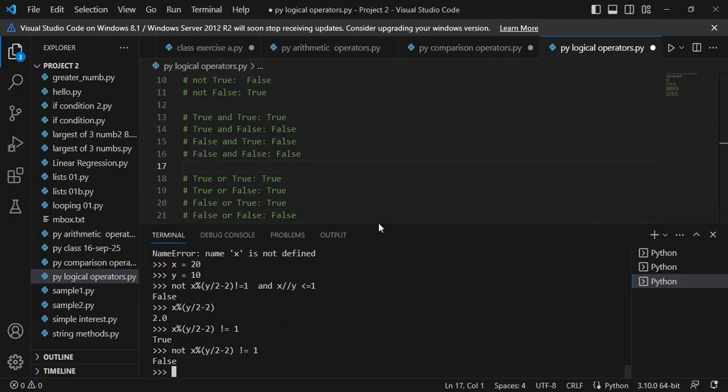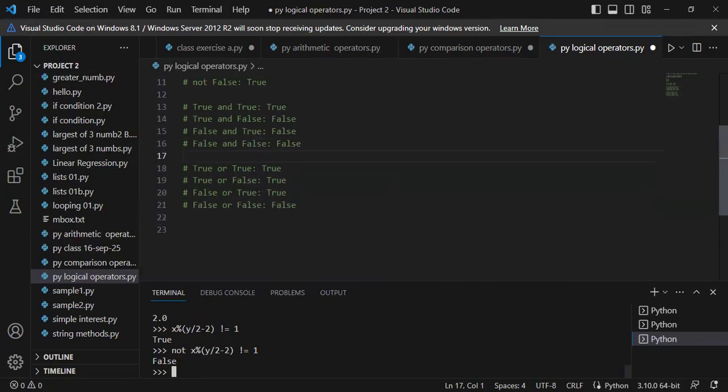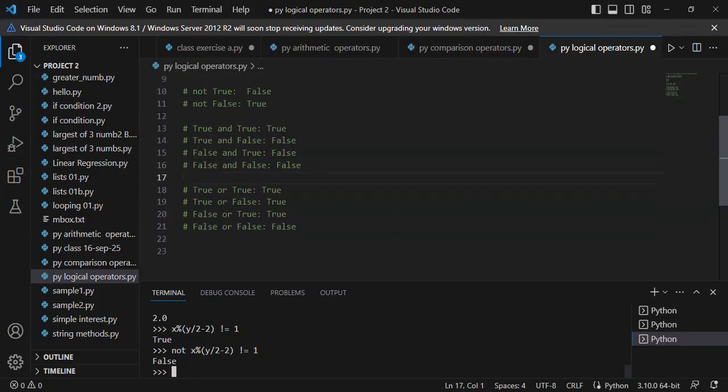I hope it's clear. It's just to know the order in which to do this computation. All right. So this is how the truth table for AND works.